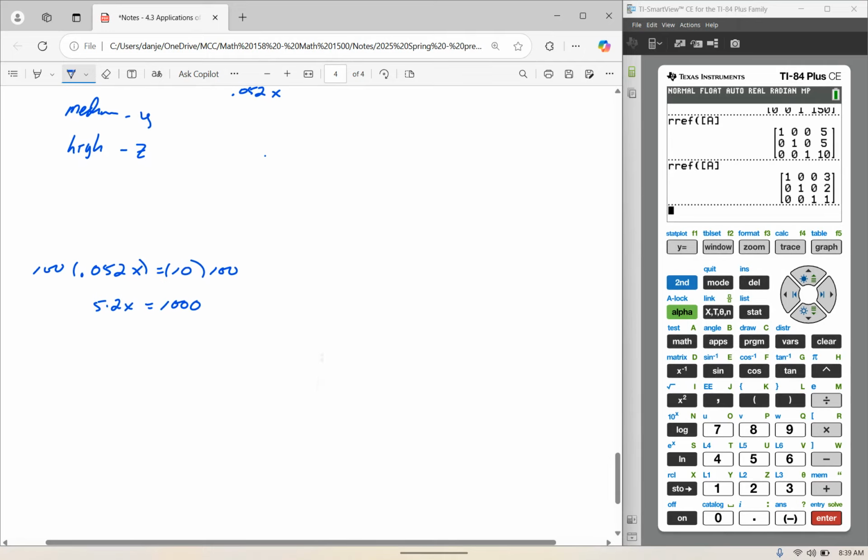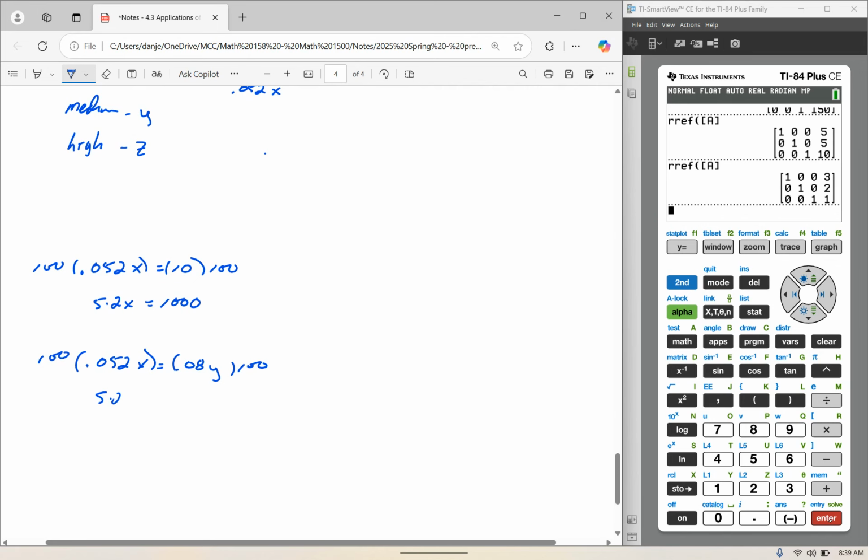Okay. What if we have something like 0.052x equals 0.08y? Again, I could multiply both sides by 100. 5.2x equals 8y.